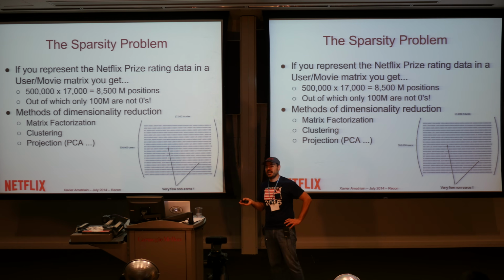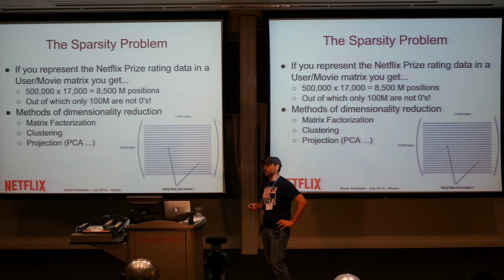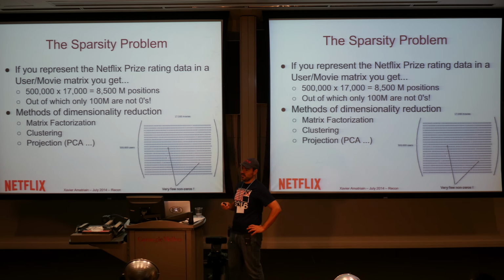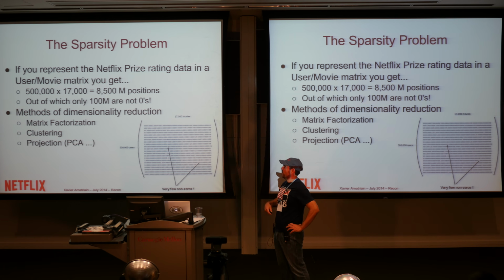And given that data set, there were a number of teams over 3 years that were trying to beat it by 10% of the original method. And the way that this was being measured was using the root mean square error.